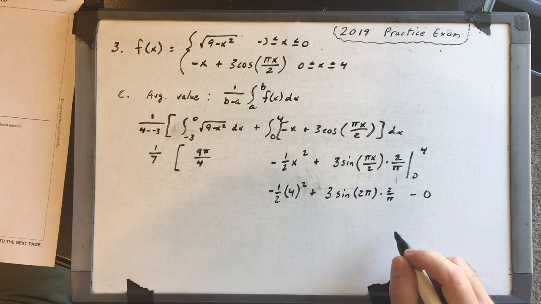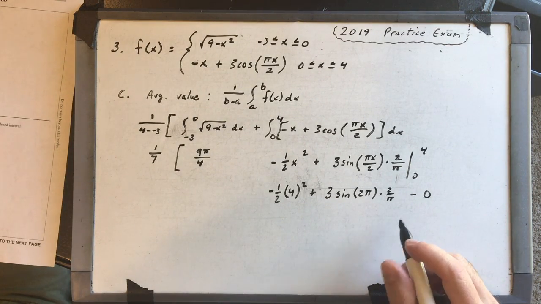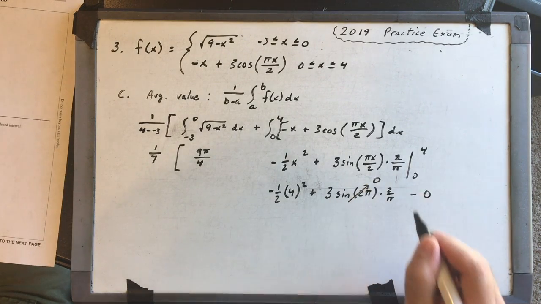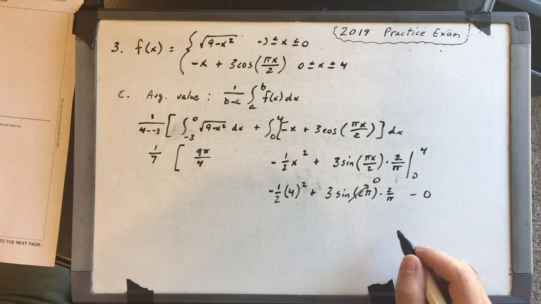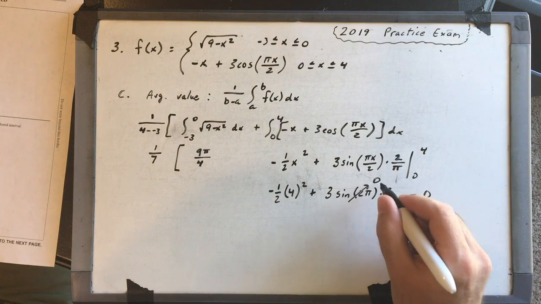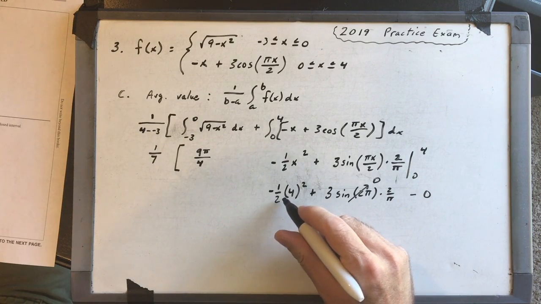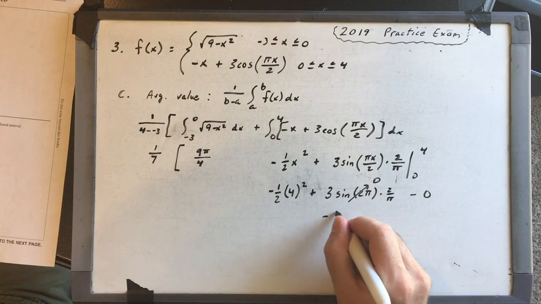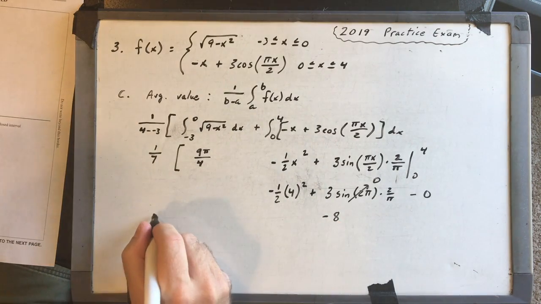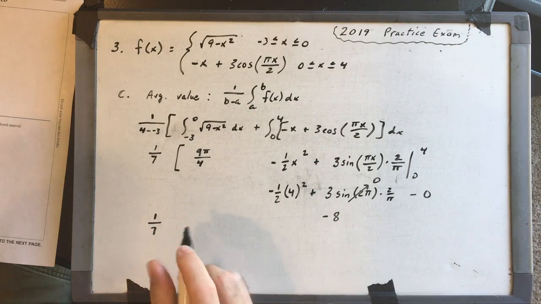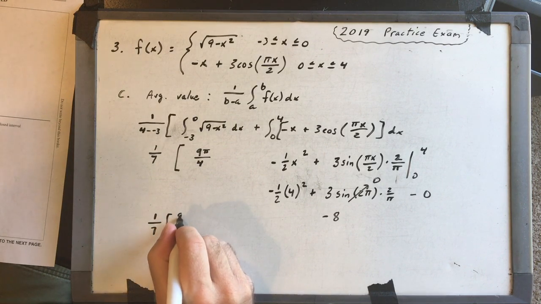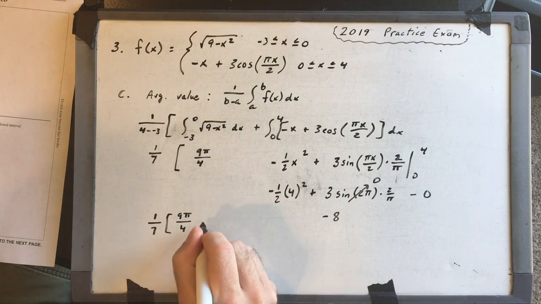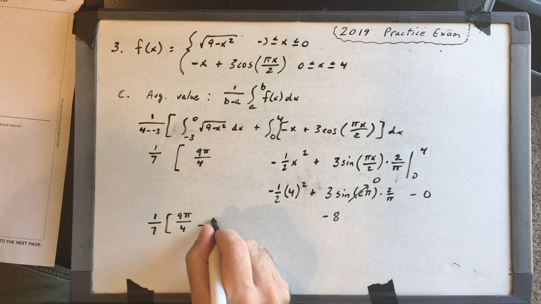Sine of 2 over pi is also 0. So look at that, that's a lot of zeros there. So all you have on this part is negative 1/2 times 16, so negative 8. So the average value is going to be 1/7 times 9 pi over 4 minus 8.